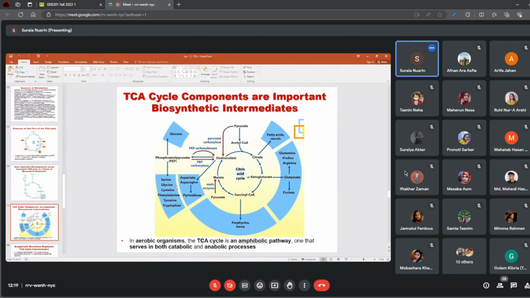And in the original TCA cycle, the intermediates can also be used as biosynthetic precursors.